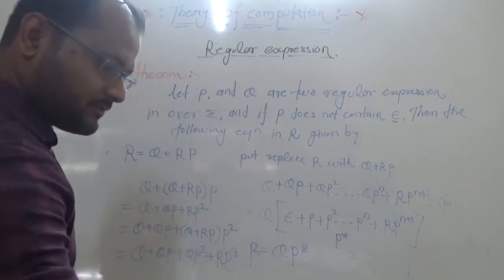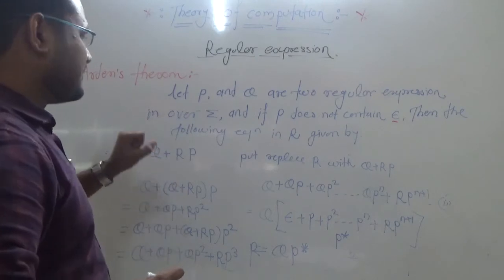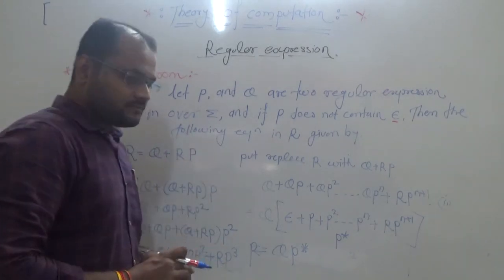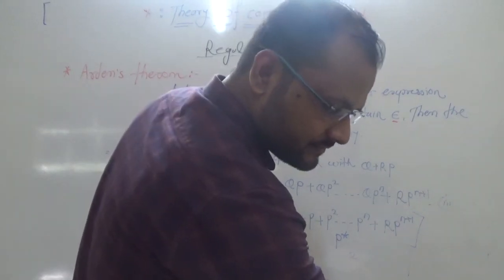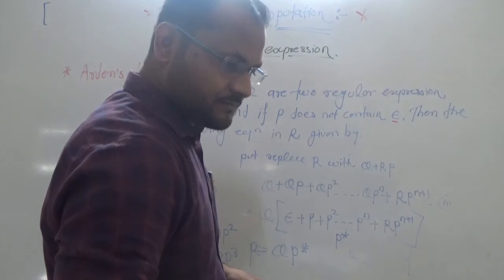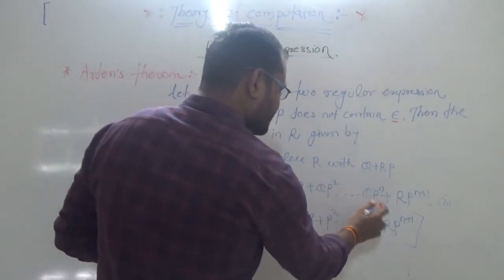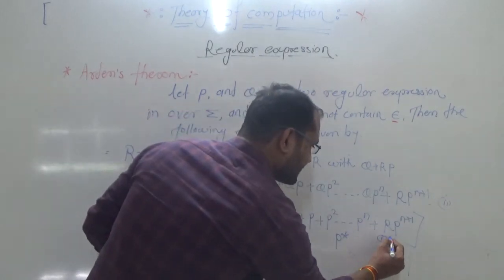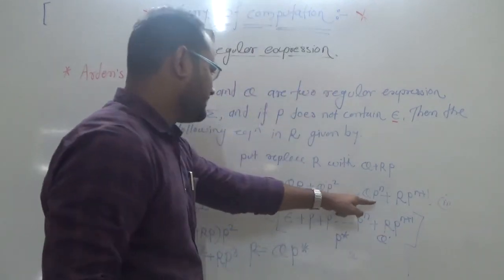This is the example: whenever we put R = QP* in both places, what do we get? Here R we put as QP*.